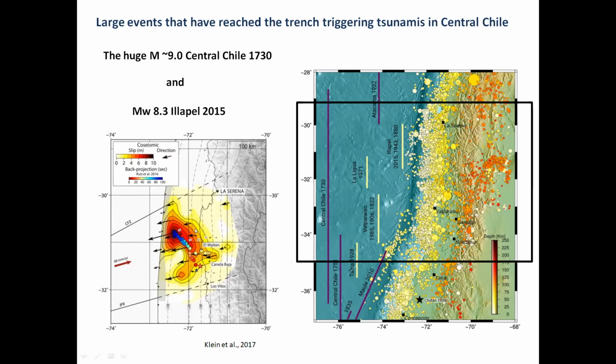The rupture of the Illapel earthquake moved especially to the north, with a part in the deepest part of the contact, and also a very clear slip very close to the trench. This is the Illapel earthquake that triggered an important tsunami in this zone. Then it's only these 2 events we know well that are close to the trench. What happened with the others?